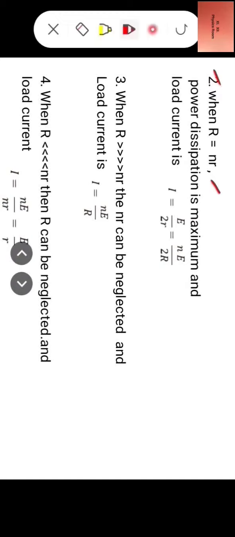Then load current is I equal to E divided by 2r, or nE by 2R. So when we replace R equal to nr, we have I equal to E by 2r, and when we replace nr by capital R, we get I equal to nE by 2R.